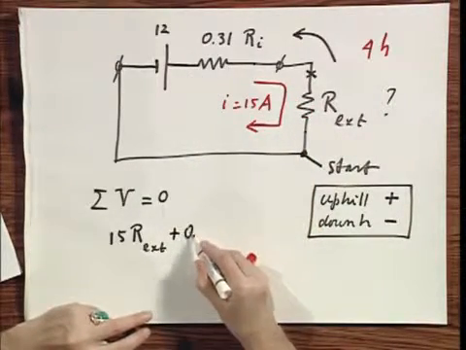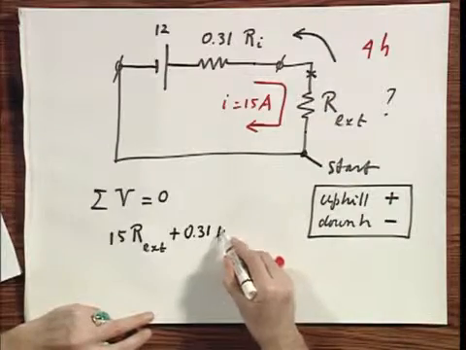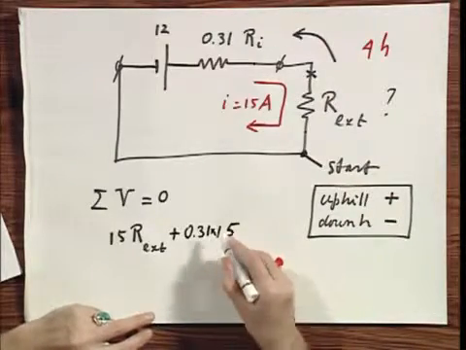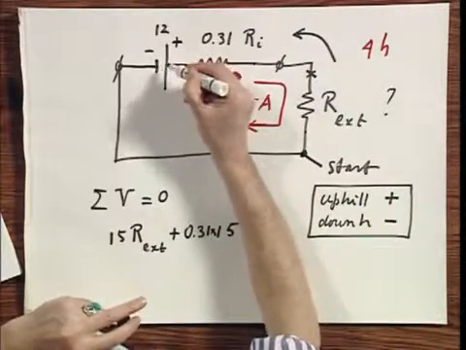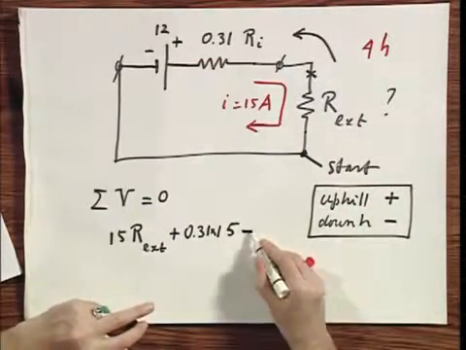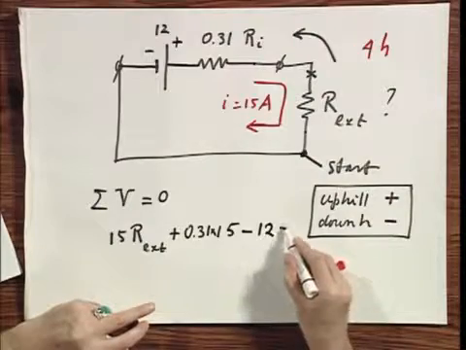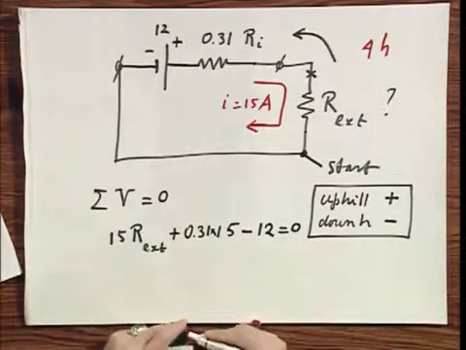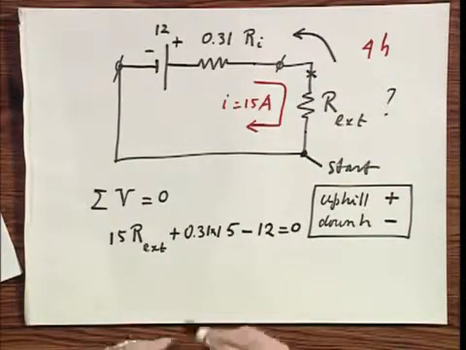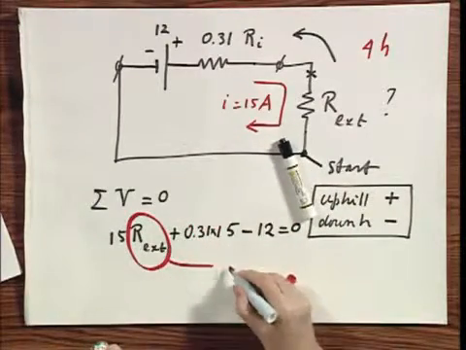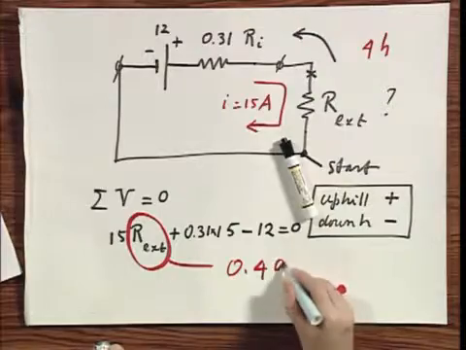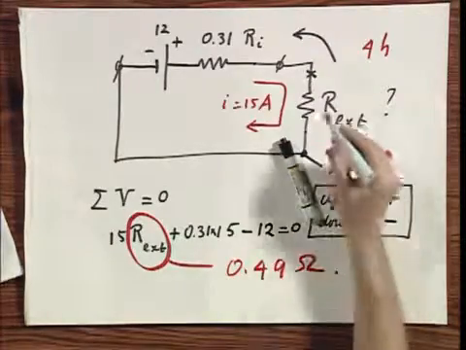So I get plus 0.31 times the same 15 amperes. But here, now I go down in potential. And when I go down in potential, we agreed it would be a minus sign. So this is minus 12 equals 0. I know everything in this equation except this, and I find, I believe, 0.49 ohms. So that is now the external resistor.